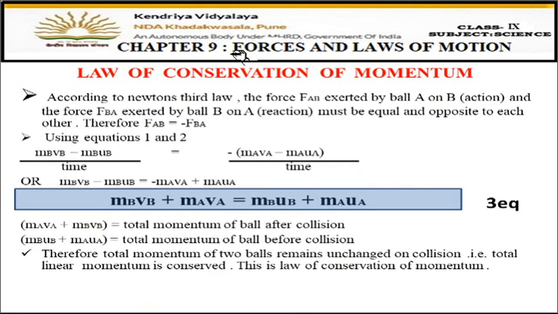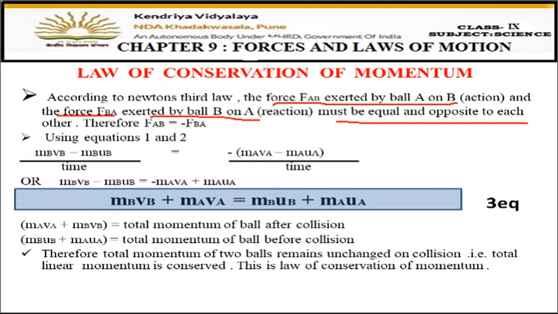According to Newton's third law, the force FAB exerted by ball A on B and the force FBA exerted by ball B on A must be equal and opposite, because this is according to the third law of motion.